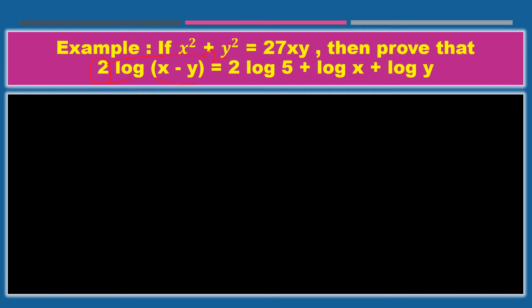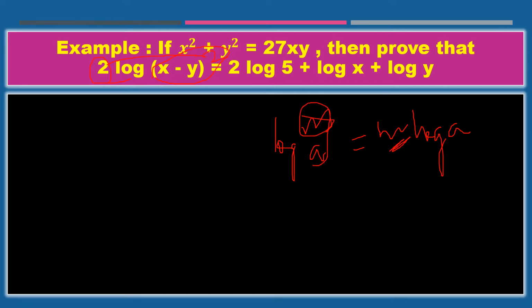X minus y whole square, because our formula is log m base a equals to m log a. So how did we get this m here? Whenever it is in power, so this 2 will be in power here, means it is x minus y whole square. This is very important. You should see this one only first.